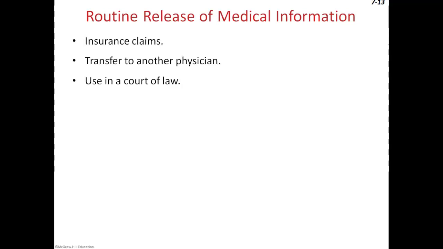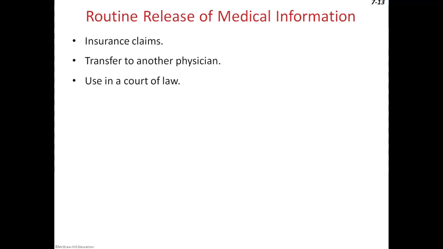If records are requested for use in a lawsuit, a signed consent for the release of the records must be obtained from the patient unless the court subpoenas the records. In this case, the patient should be notified that they have been subpoenaed and released. Some routine release of medical information reasons are insurance claims, in which the authorization to release the information is usually incorporated into the patient forms at the beginning, so information can be provided in a timely manner.